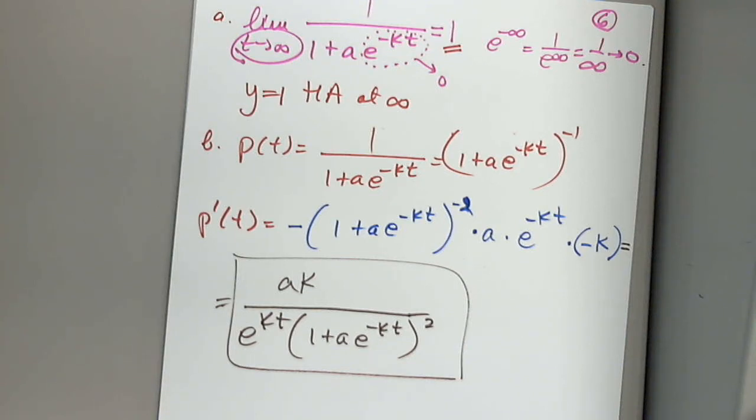P prime of t? Yes, I bring down the power. I subtract 1 from the power. And now I have to differentiate either function. 1 prime is 0. A constant times a function prime is the constant times e to u, which we just did. E to u prime is e to u times u prime. Better? Okay.